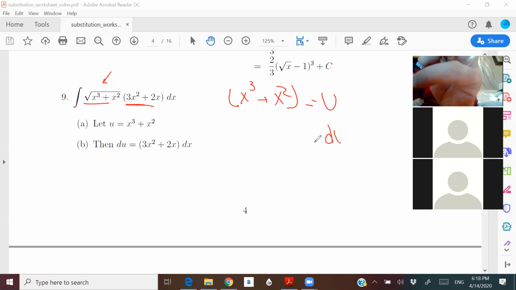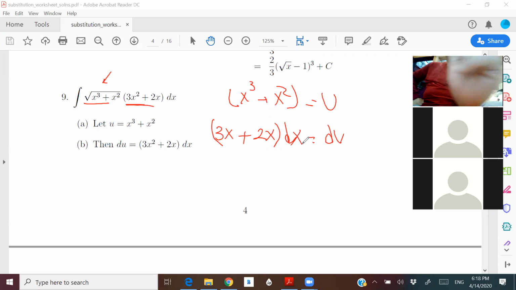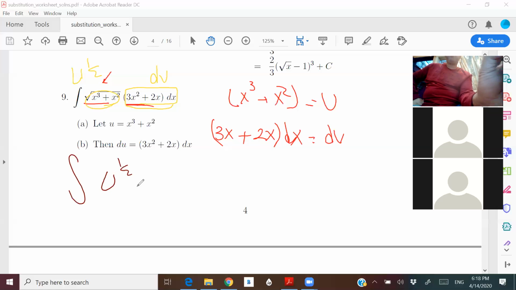Then what is du? du becomes 3x squared plus 2x dx. Surprise? Yes, surprise. I can replace 3x squared plus 2x dx package by du, and this one is u power half. It means I have to integrate u power half du.